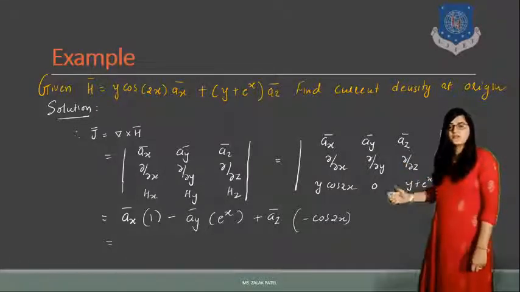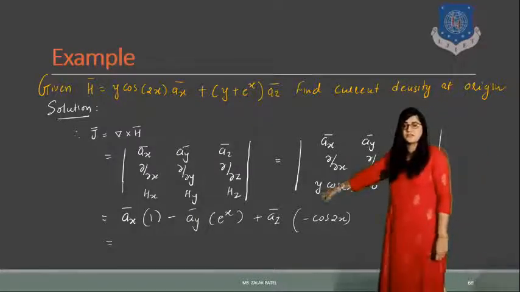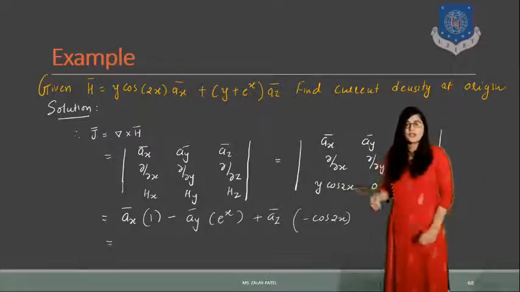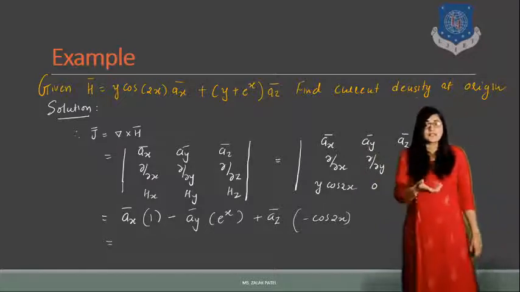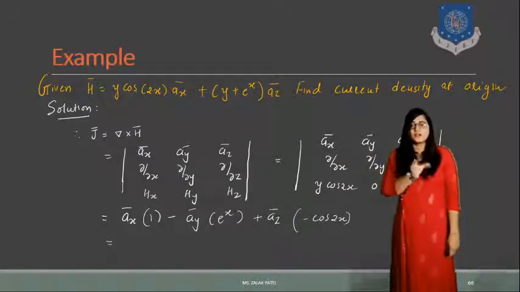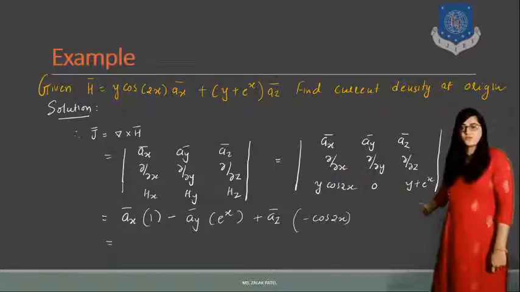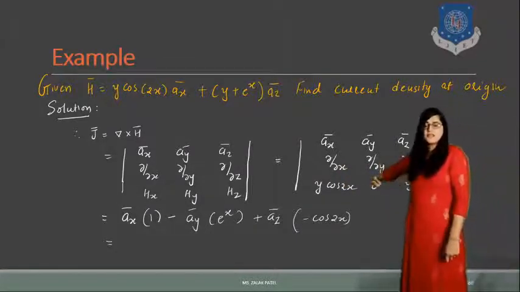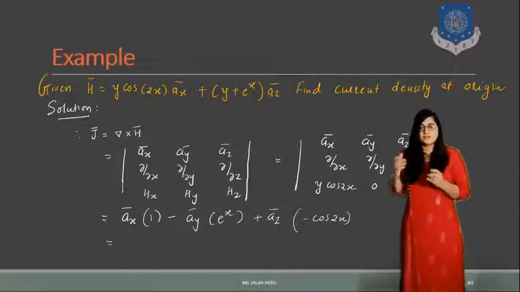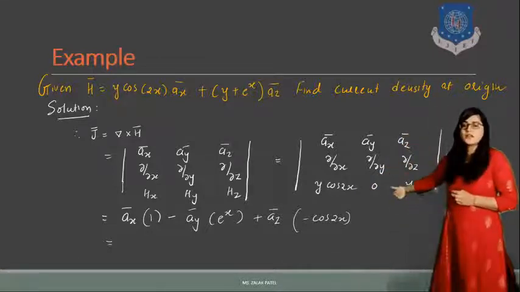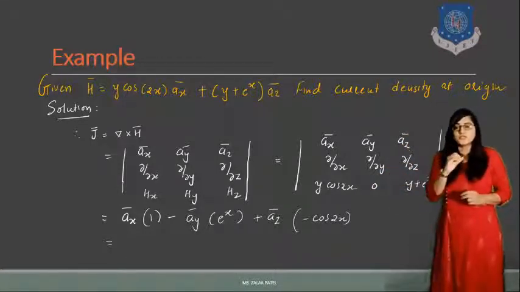Del by del y is 1 and the differentiation of e raised to x is 0, so here I write ax into 1. Now the second term is minus ay bar. For minus ay bar you have to take the first and third column minor: del by del x of (y plus e raised to x) minus del by del z of y cos 2x. The second term, del by del z of y cos 2x, becomes 0.